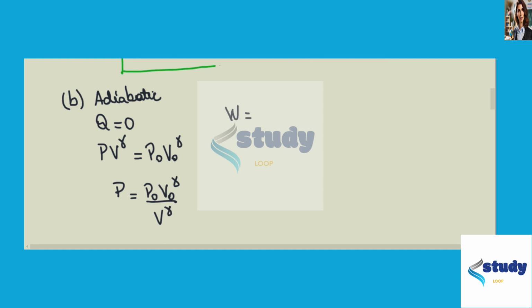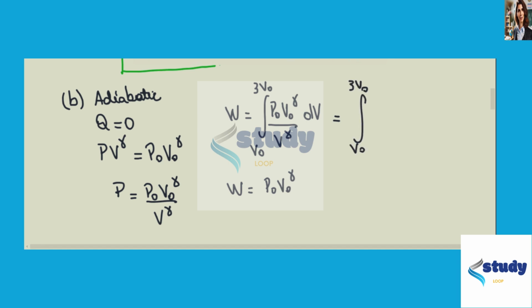The work is the integral of P0 V0 to the gamma divided by V to the gamma dV from V0 to 3V0. I'm going to write this as P0 V0 to the gamma times V to the minus gamma dV.